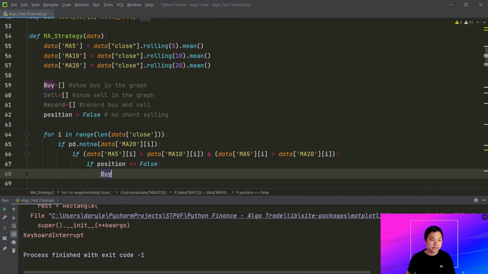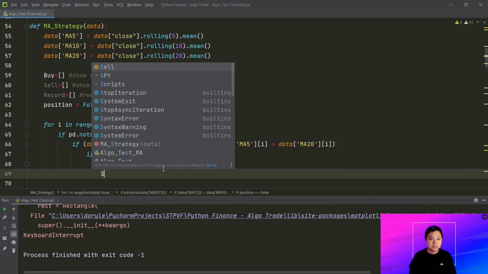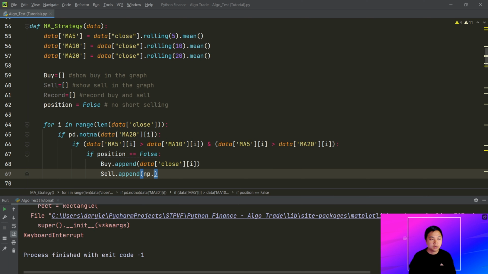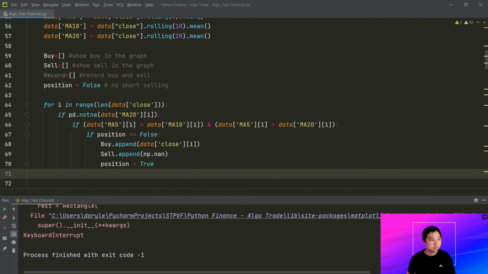In that case, we will just append the buy with the closing price. And for the sell, we are not going to append anything. And now the positions is equal to true, because now we are holding some stock.